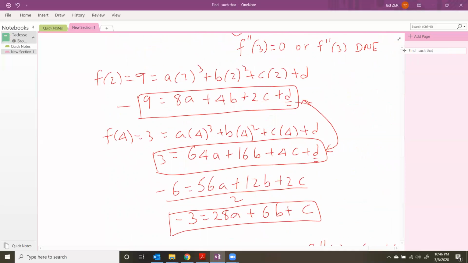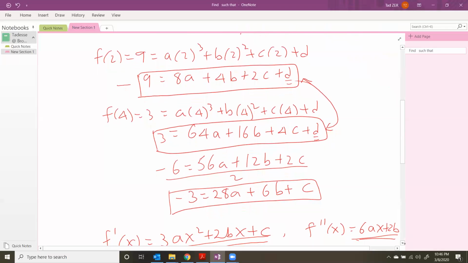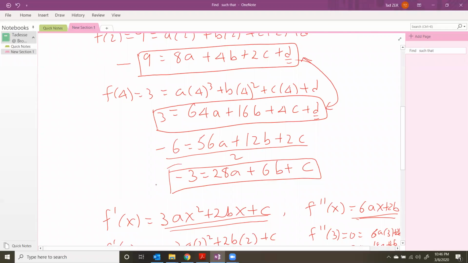So let's go back to the other equation which I have here. Okay, I'm going to use this one now.